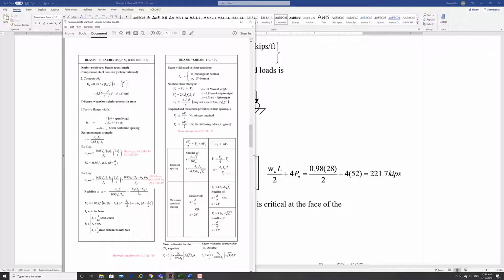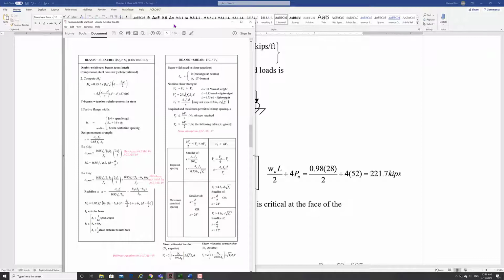This one is really your minimum, and minimum is required too, because you cannot exceed that minimum. Otherwise, you cannot use the formulas. So in a way, it's required, but really the required here refers to this. This is your S required. And these are your maximums depending on where you are.